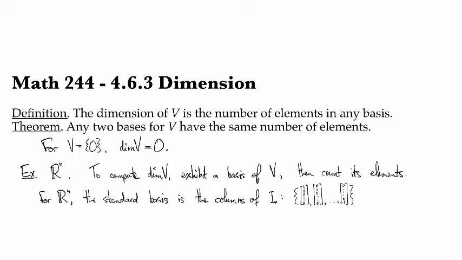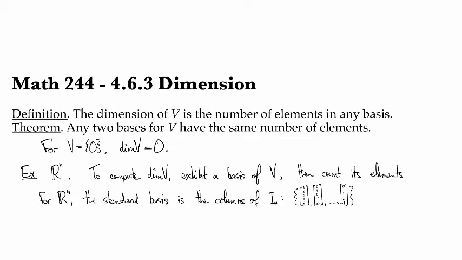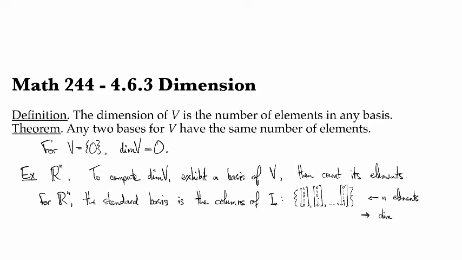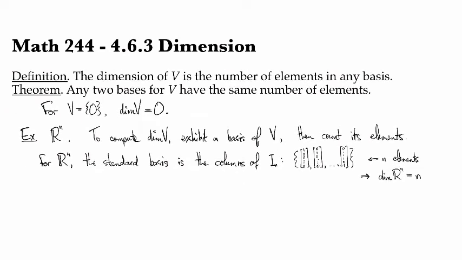And if you count these, it's the number of pivots in the n-dimensional identity matrix. So there are n elements in that basis, and as a consequence, we can conclude officially, from the definition, that the dimension of Rn is indeed n.